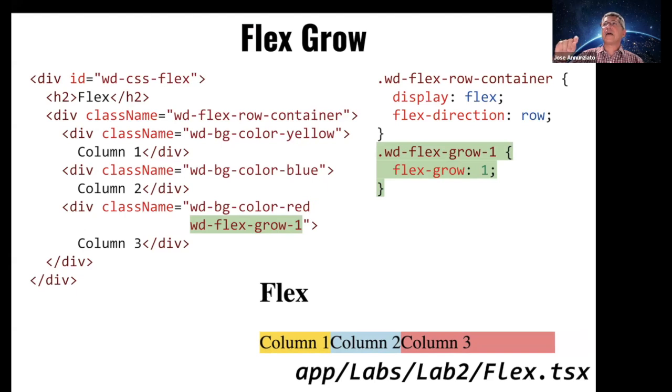This says take the extra white space and make it all the same across all the elements in the same flex. If flex grow is only applied to one of them, it takes all the white space, so it grows all the way through.